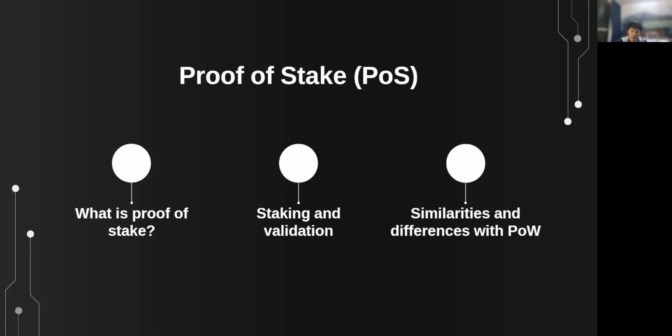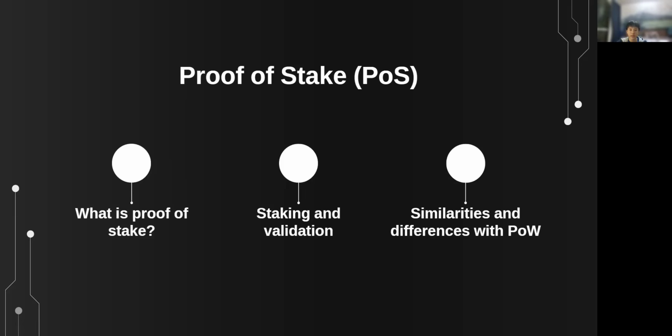Once the transactions are compiled and this block is created, if more than 2/3 of these validators agree and say, okay, yes, this makes sense, this is correct, then the block is solved and broadcasted.